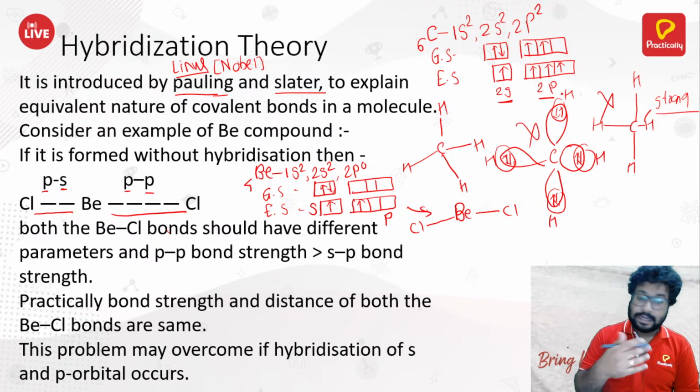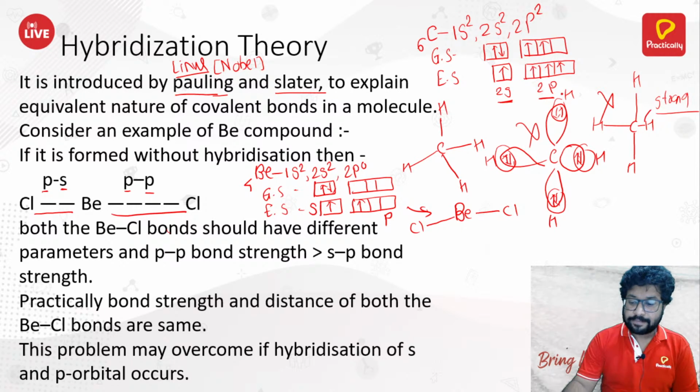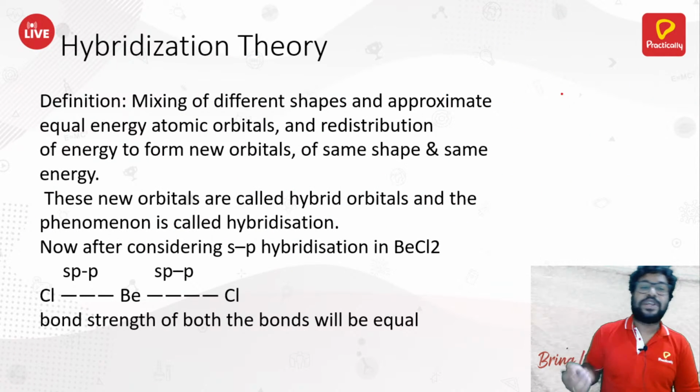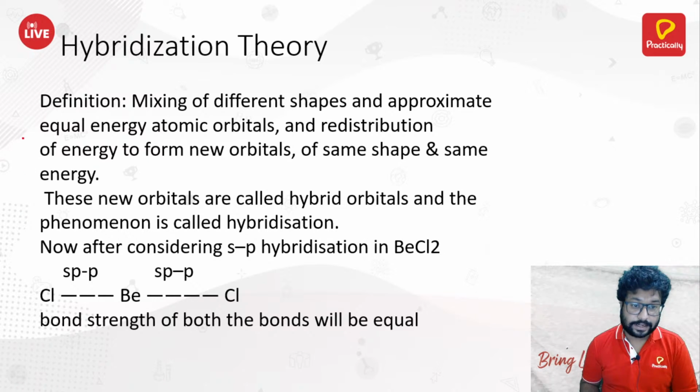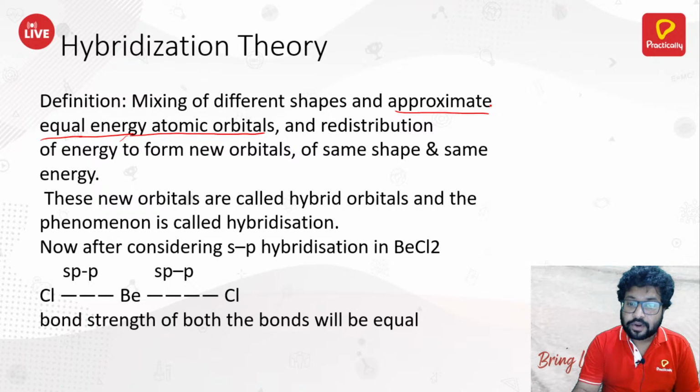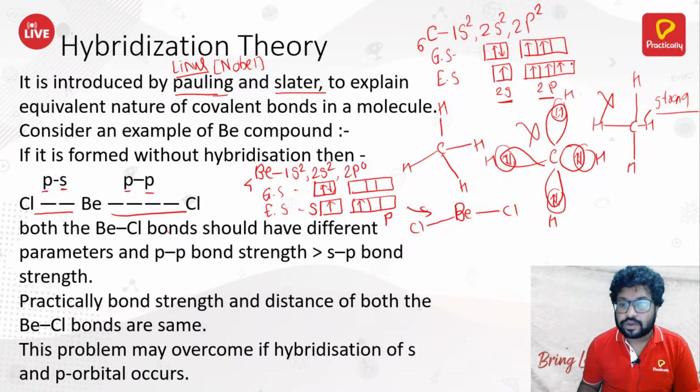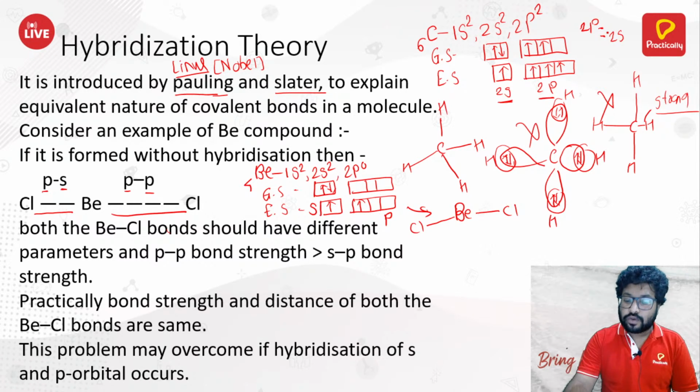Okay, so let's see how it goes. What is the definition of hybridization theory? See, it is a mixing of different shapes and approximately equal energy atomic orbitals. Why am I saying approximately? Because look here, between 2s and 2p, we know that 2p is slightly higher in energy than 2s.